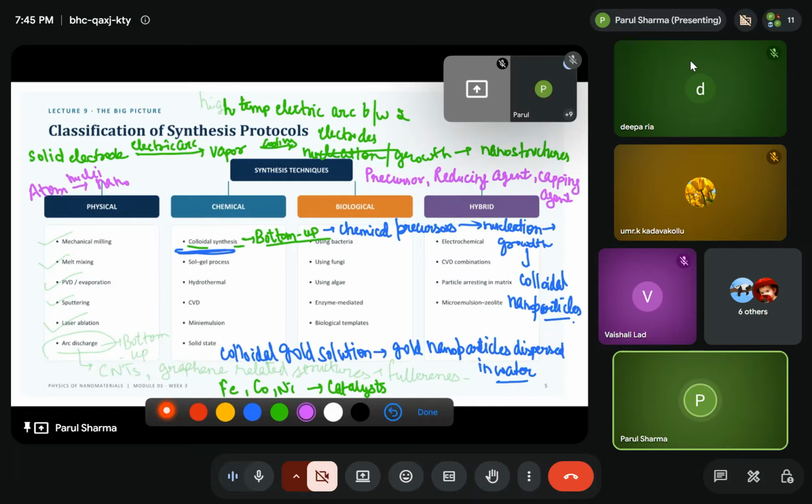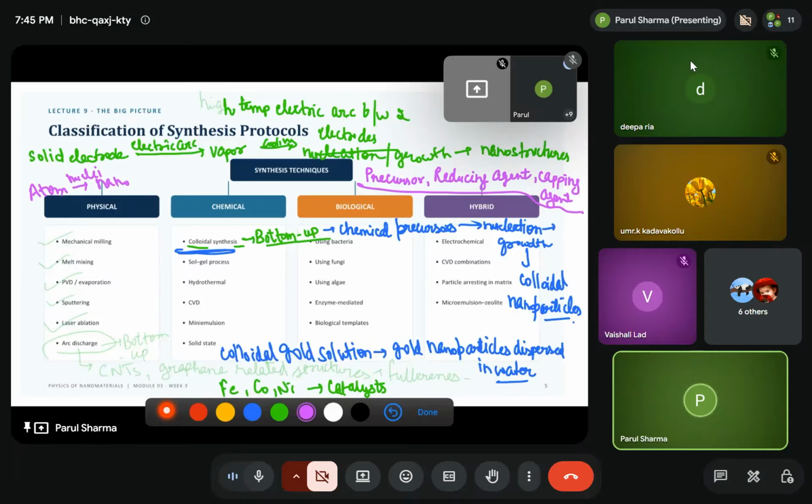It will prevent the formed nanoparticles from aggregating, because the tendency of nanoparticles is to aggregate. So if we are using some capping agent, it will stop that. Then, after this process, the nucleation and growth will start.